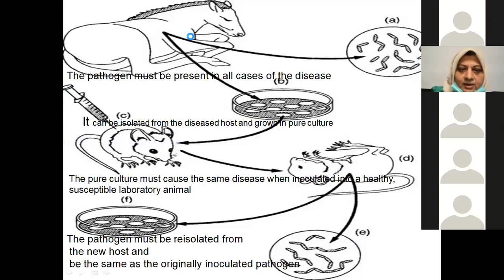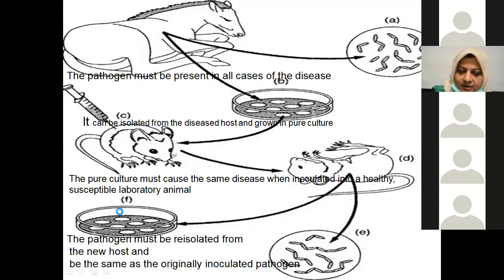Like an animal sample was taken, and we see that this pathogen which is growing in the lab is from this horse, and these are the same bacteria that entered the animal, that were injected in the animal, and they are isolated in the culture. Then if these bacteria are injected into another animal, the culture from this dead animal will again give the same type of bacteria in the culture.